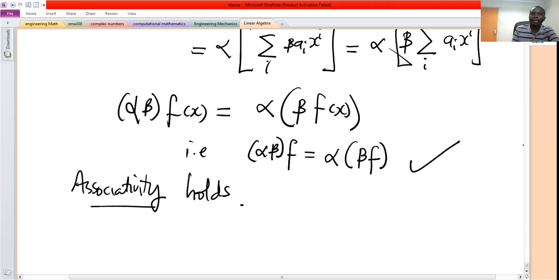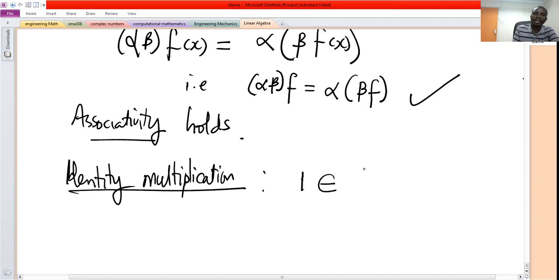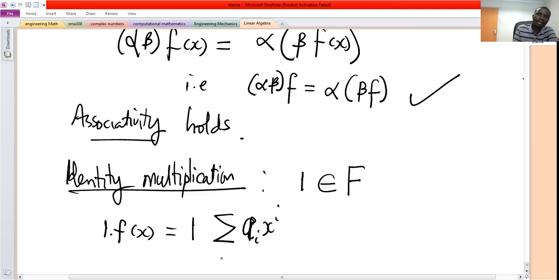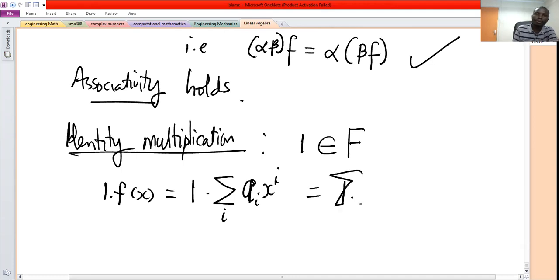And lastly, identity multiplication. 1 is an element in the field F. So when I take 1 and multiply by f(x), I have 1 times the summation of a_i x^i, which is the same as the summation of 1 times a_i x^i.